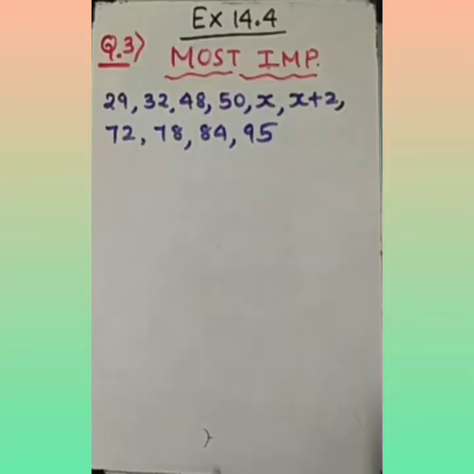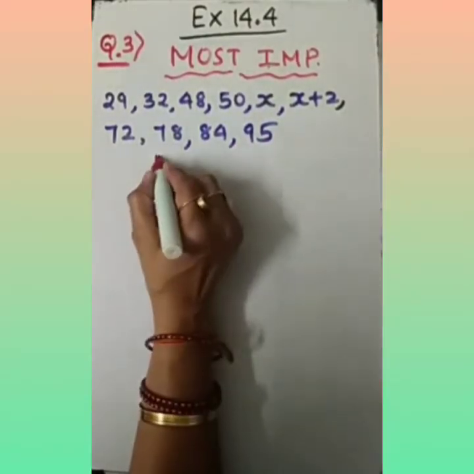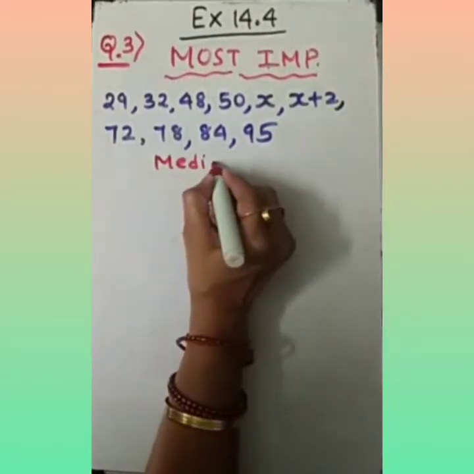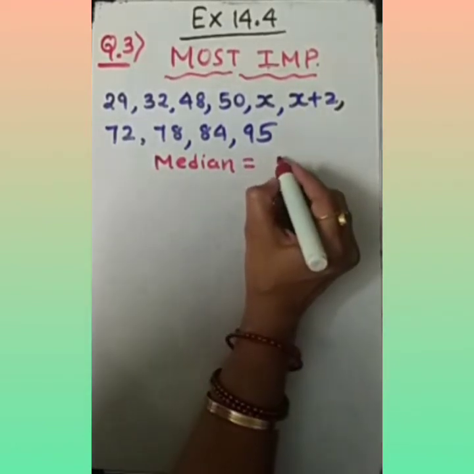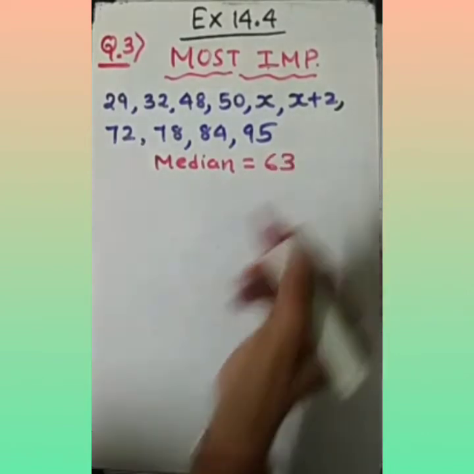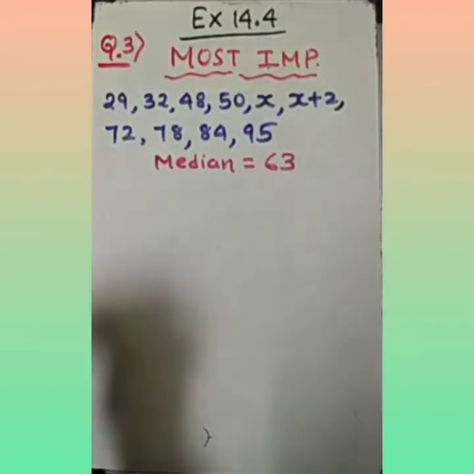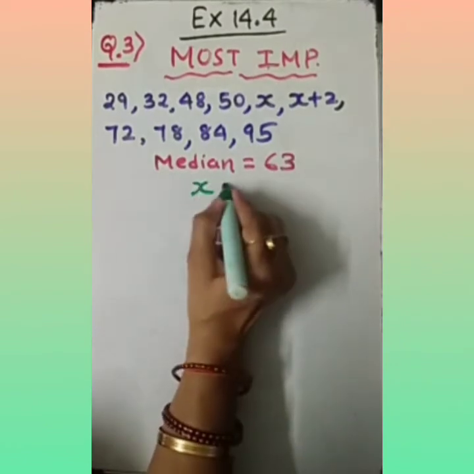What we have to do? We are given the median, that is 63. Now what we have to find? We need to find the value of x.